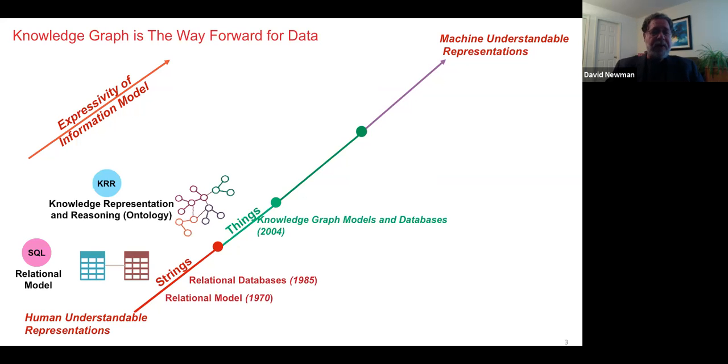Fast forward to the 21st century with the emergence of knowledge graph models and databases, we could look at this area as a subset of artificial intelligence known as knowledge representation and reasoning, or ontologies, which looks at data as things and not as strings.